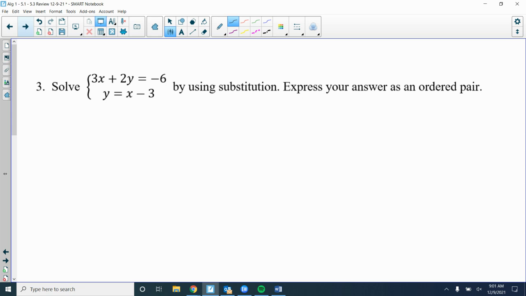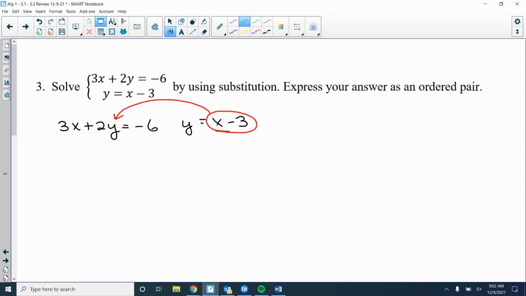So for number 3, when it tells me substitution, I like to write them next to each other. If it's elimination, I like to write one on top of the other. Substitution, I like to write them next to each other. Y is by itself. Remember, that means you take that x minus 3 and you substitute it into the other equation. Okay, substitute into the other equation, and now we will solve it after that.